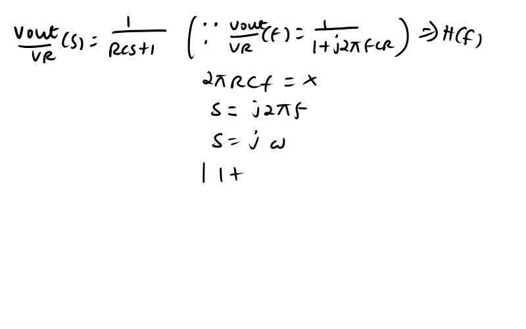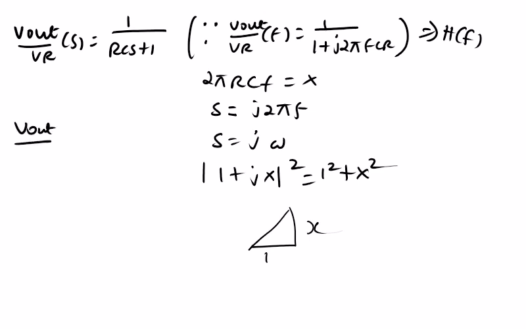So it is 1 plus jx, and the magnitude squared is 1² plus x². Now, what is my Vout by VR of S? Very simple, it is H(S).